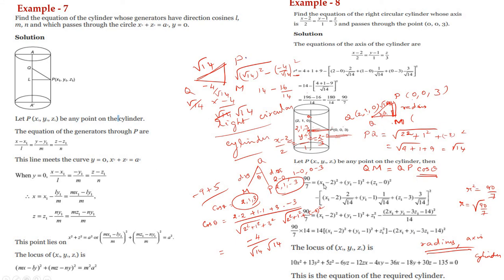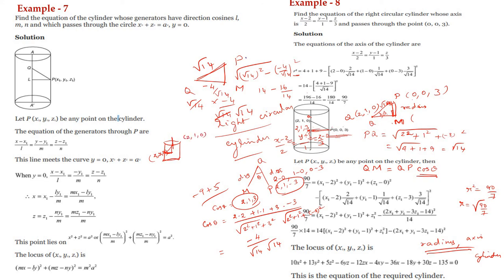Then x1 minus 2 the whole square plus y1 minus 1 the whole square plus z1 minus 0 the whole square. Radius is known, this point is x1, y1, z1, and on the axis we have the known point 2, 1, 0.